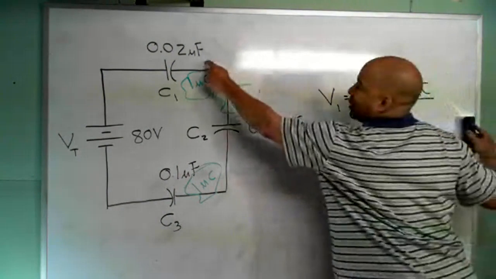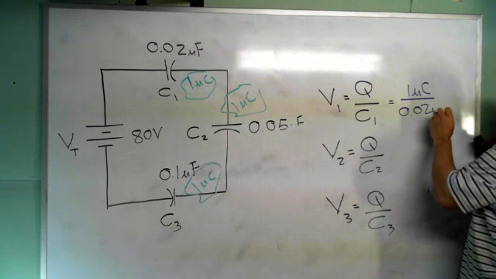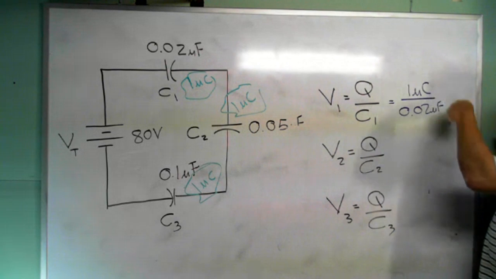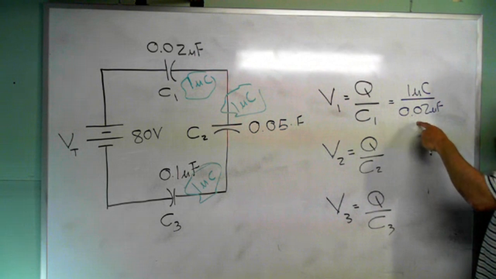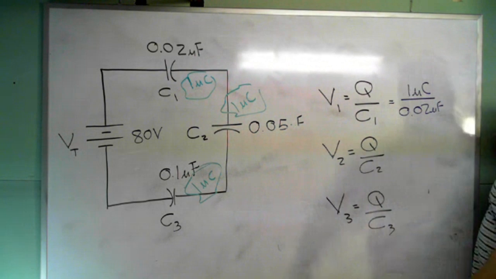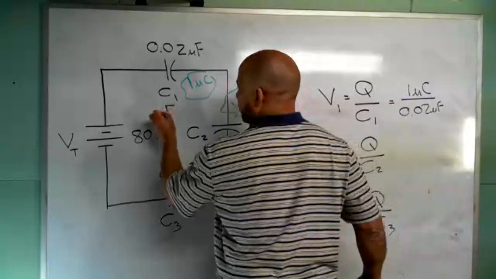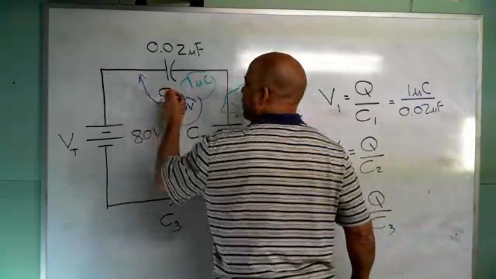Well, C1 is 0.02 microfarads. Notice I have micro over micro, so they cancel out, which is nice. So what's 1 divided by 0.02? It's 50 volts. I'm going to take my coloring pencils here, 50 volts from there to there.